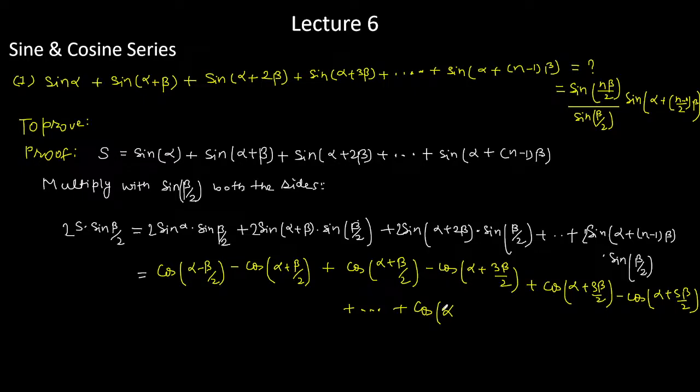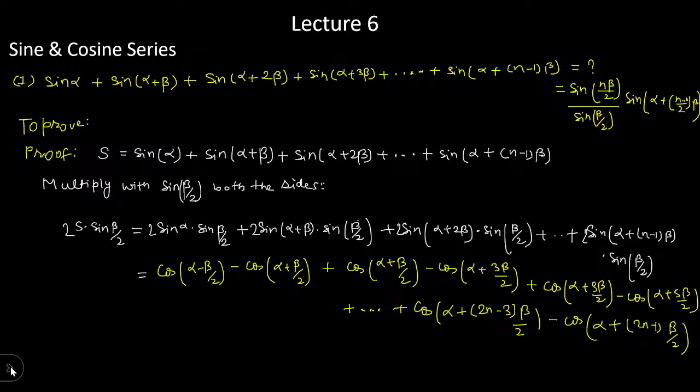And for this one we have cos alpha plus 2n minus 3 beta by 2, minus cos alpha plus 2n minus 1 beta by 2.